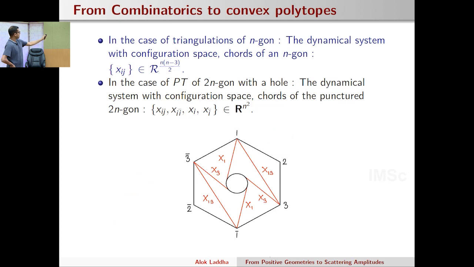If you went the other way, like if you drew a chord from 1 to the right or 1 bar to the left, that will be x1 bar. And xii bar is just an arc which goes from i to i bar, which I haven't drawn here, but I hope it's clear. So you can associate to all possible chords you can draw one variable, and that's the configuration space on which we will define some kind of a dynamical system.